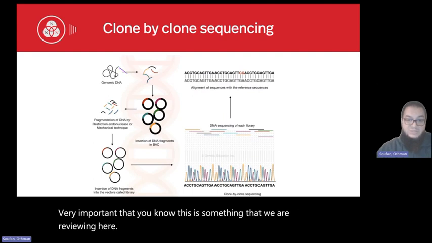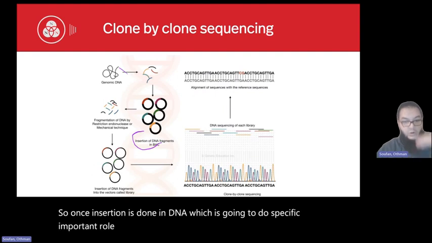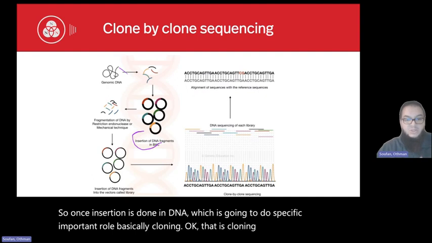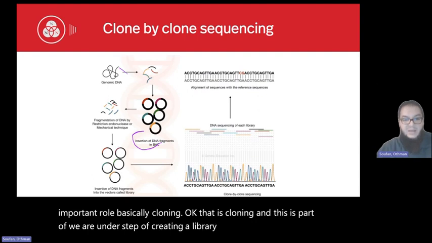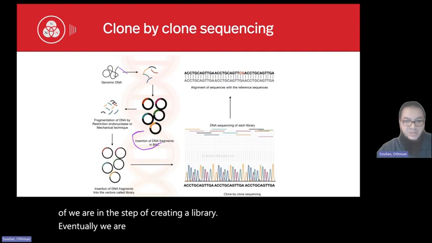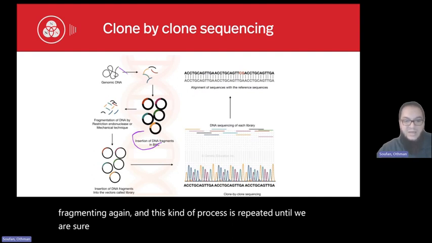Once insertion is done, it is going to do an important role, basically cloning. And this is part of creating a library. We do this insertion, do the cloning, fragment again, and this process is repeated until we are sure that we have the library.